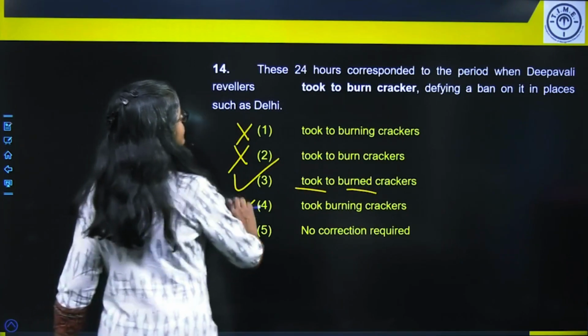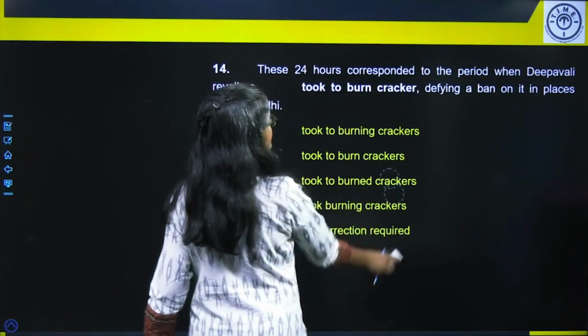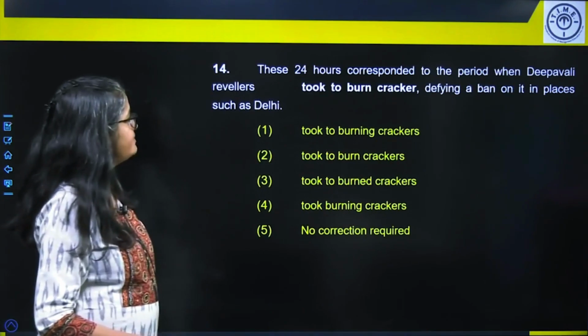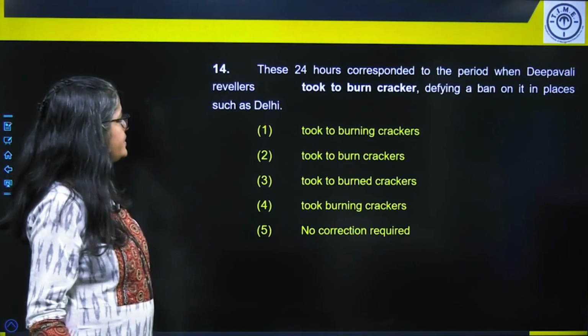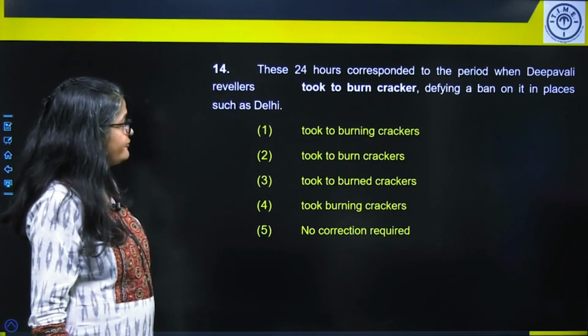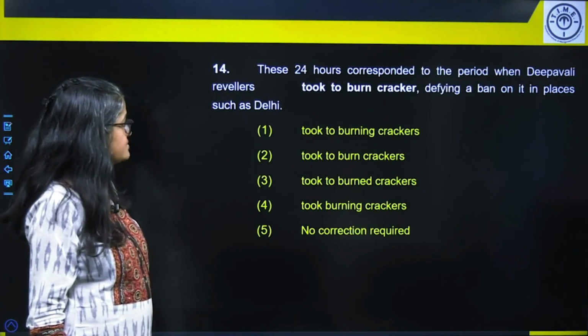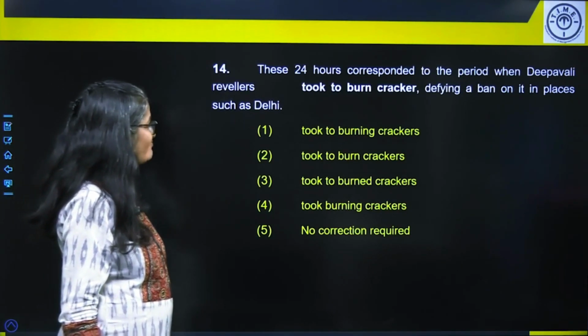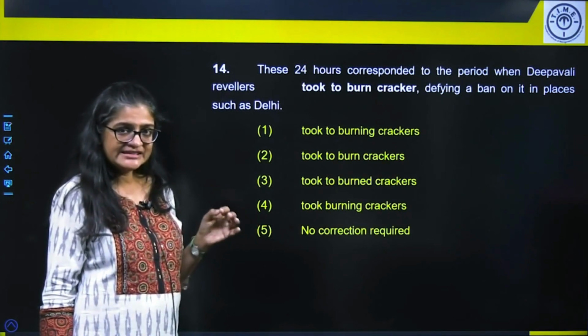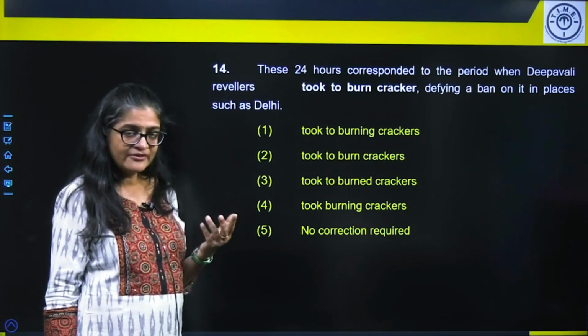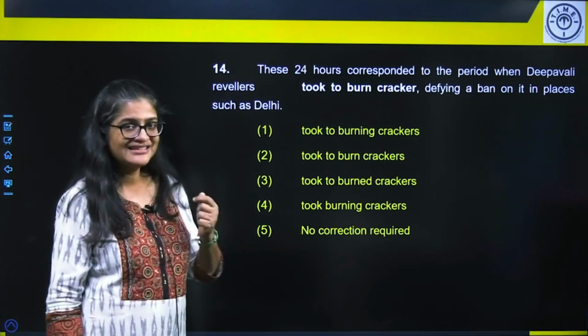Now, these 24 hours correspond to the period when Deepavali revelers, people who celebrate, took to burn cracker, defying a ban on it in places such as Delhi. You may get confused with this sentence. Are we saying they took 24 hours to burn the crackers?